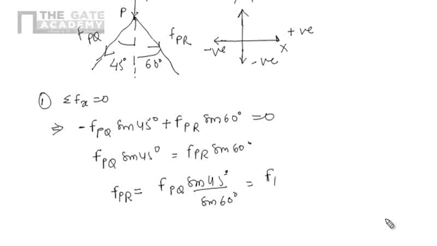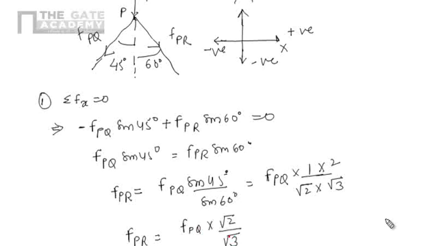It will be FPQ, sine 45 is 1 by root 2, sine 60 is root 3 by 2. So we will get FPR equals FPQ into root 2 by root 3.